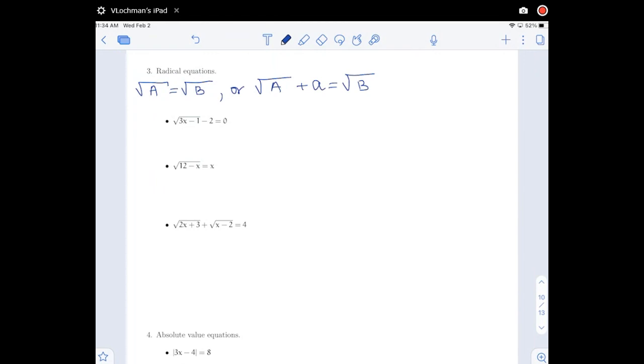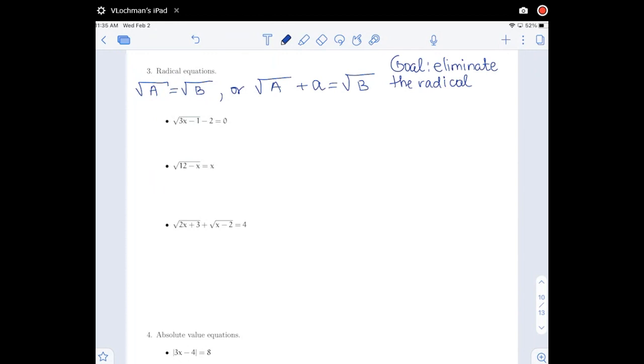We're going to go through three different examples. The goal is always the same: eliminate the radical. How do we eliminate the radical? By squaring.